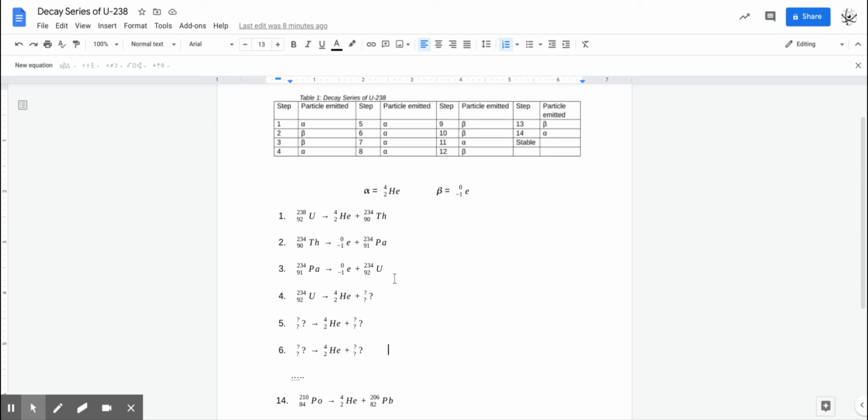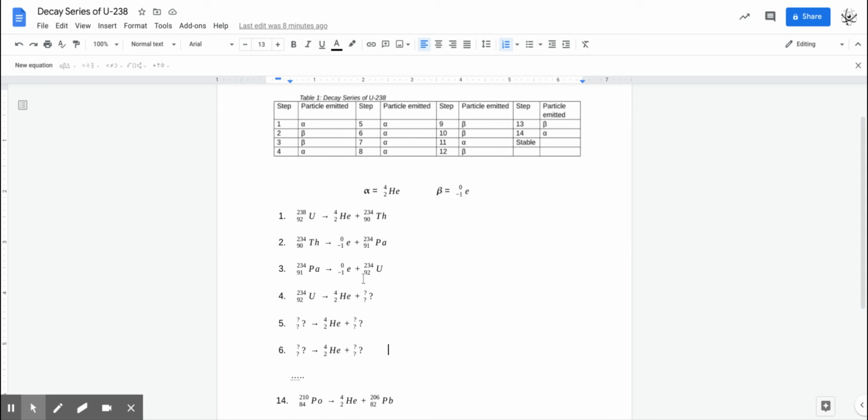So that ratio is changing. So we're moving toward being stable. So don't let that throw you off if you start to see that you're back seemingly where you started, because you're still going on the right track. You're still changing that mass number, changing that number of neutrons, and ultimately moving closer and closer to being stable.